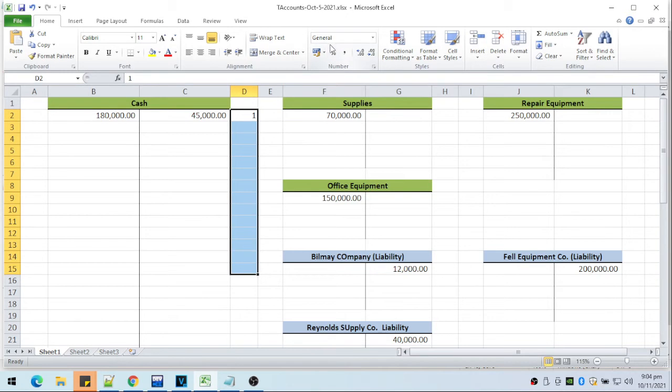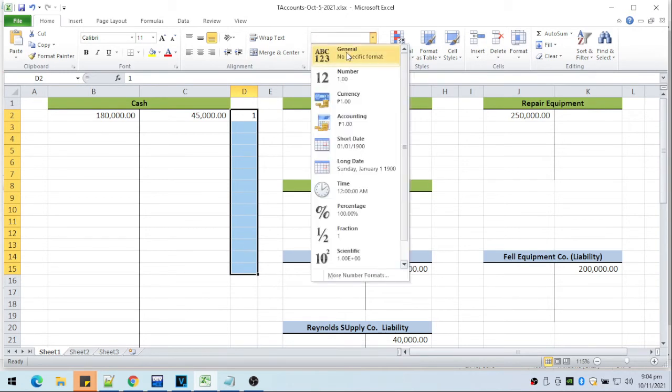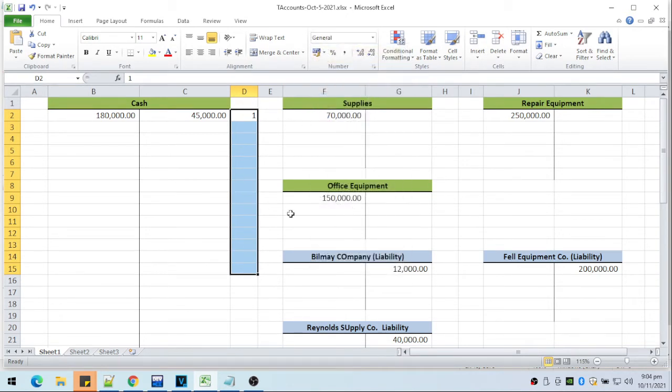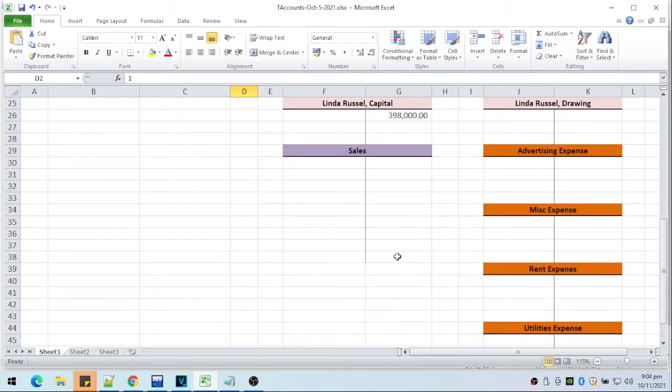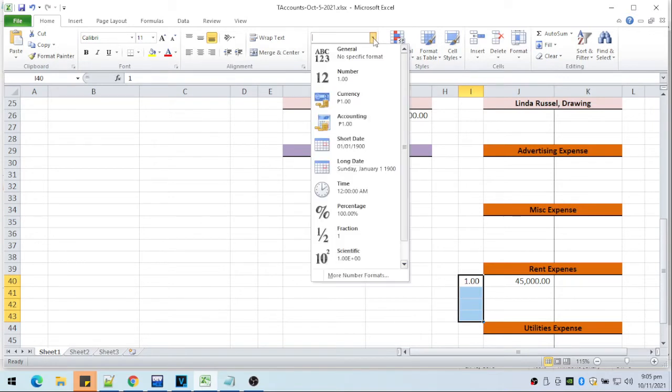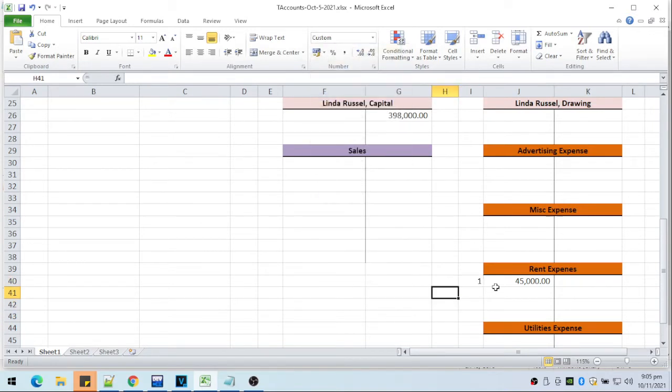And then we have rent expense. It will increase the expenses, so to increase expense, it should be placed on the debit side. So we have here 45,000 for rent expense. So that's transaction number 1.